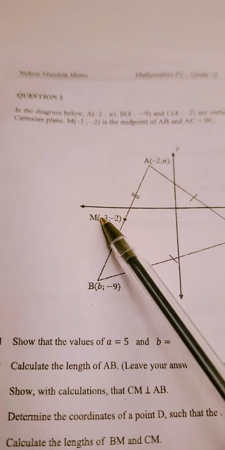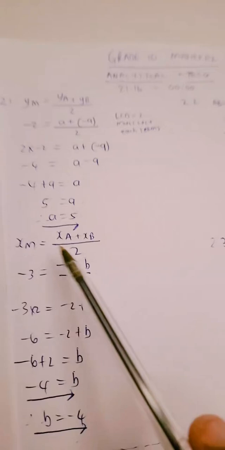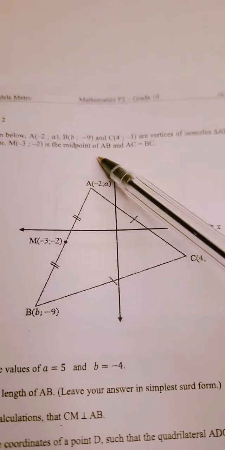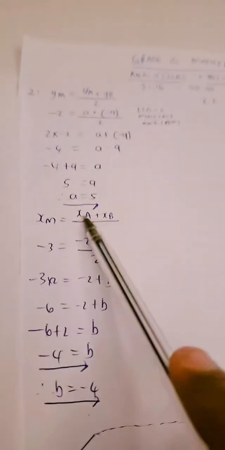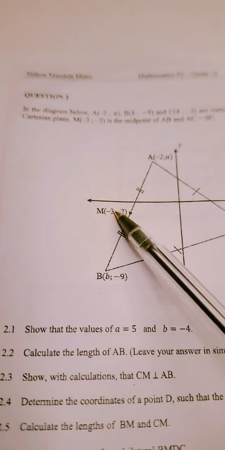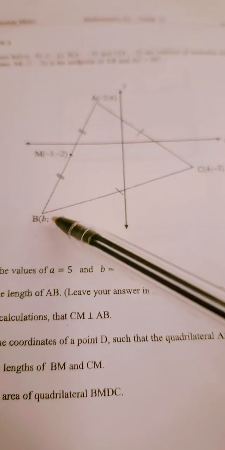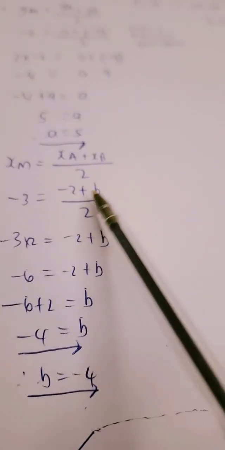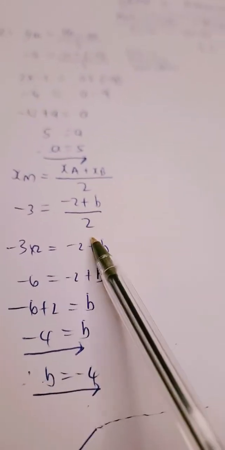Usually you would say x-coordinate of A, the one endpoint, plus the x-coordinate of B, the other endpoint, divided by 2. We substitute. X-coordinate of M, -3, equal to x-coordinate of A is -2, plus x-coordinate of B. There you write small letter B, the one that you want, all divided by 2.